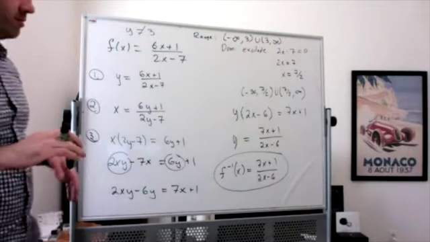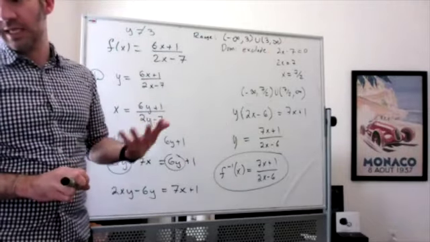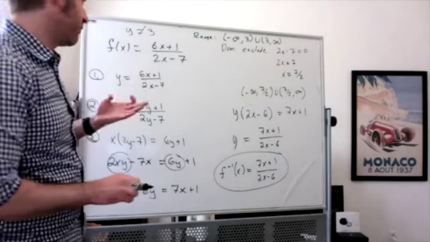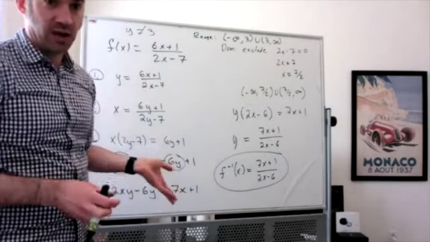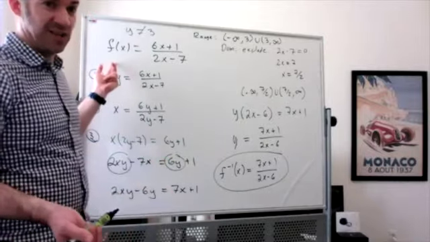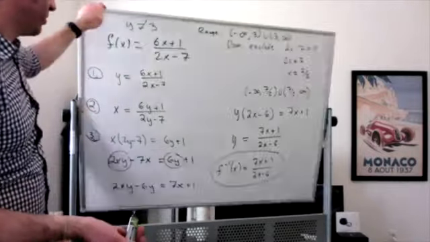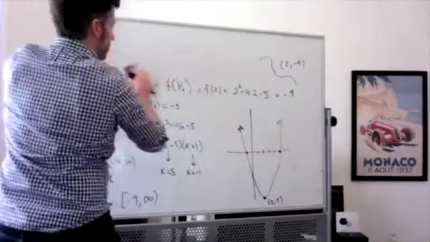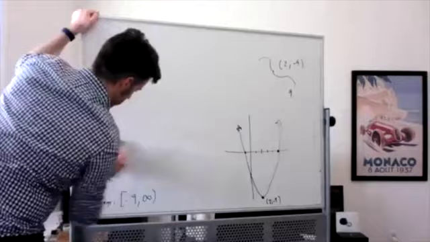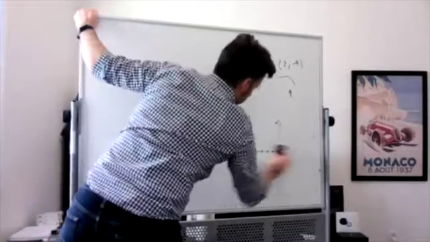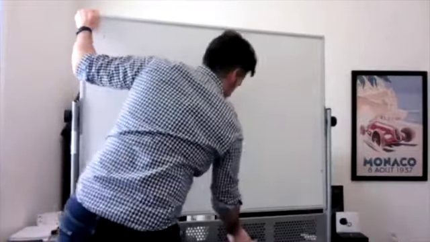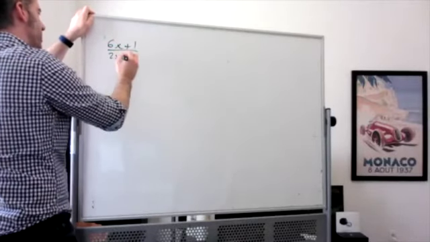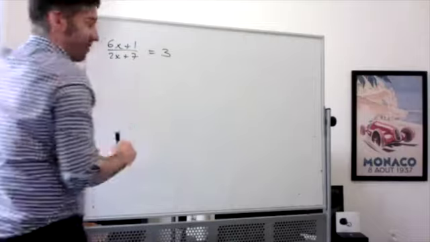Now, this is totally true, and we don't have to do any more verification, but I really want to show you that this function actually can't equal 3. So if we try and set 6x plus 1 over 2x plus 7 equal to 3, we're going to have problems, right?